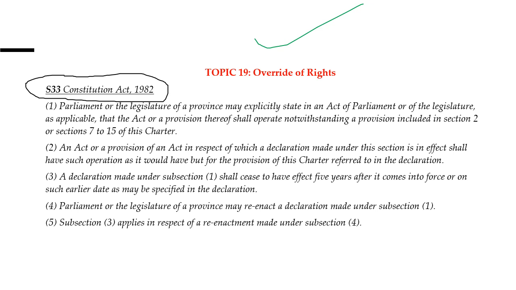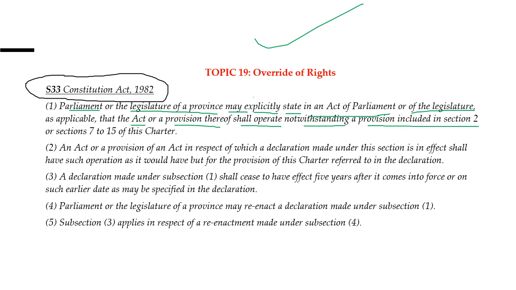Subsection 1: Parliament, federal government, or legislature of a province, provincial government, may explicitly state, which means there should be no confusion, directly and clearly say in an act of parliament or of the legislature, as applicable, that a particular act or provision shall operate notwithstanding a provision included in section 2 or 7 to 15.